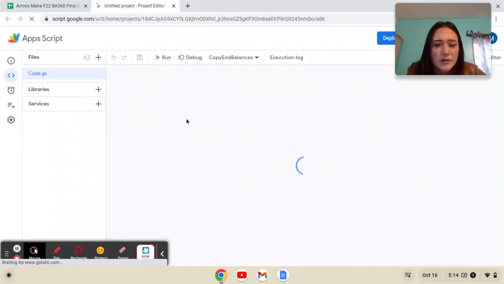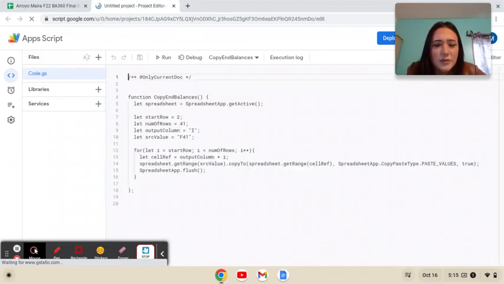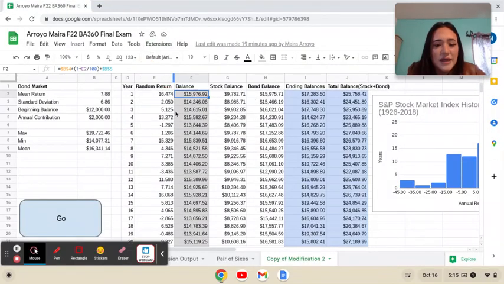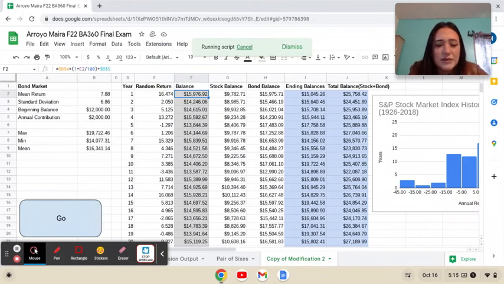And so it will show up here. Okay, so here's where I pasted the script from the previous module 7, and then I just saved it. And so now my button works, the script runs, and that's how I fixed my simulation.